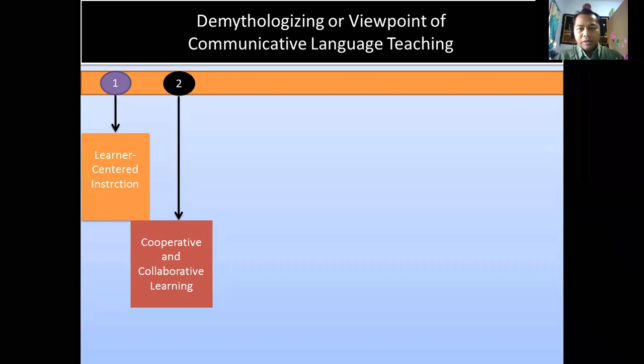Why? Because the teacher assigned everyone an activity to complete one to another. So this is cooperative and collaborative learning. And this is a method and technique, the implementation in classrooms, for example, something like jigsaw activity.